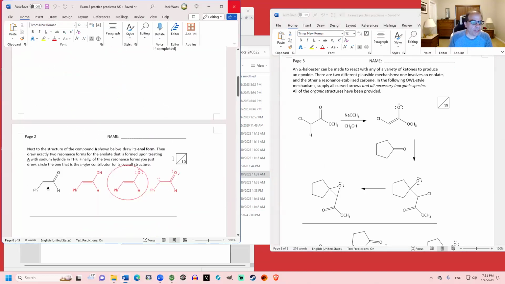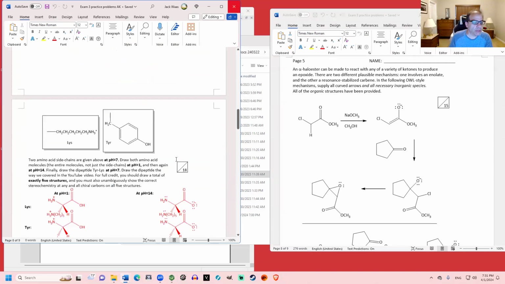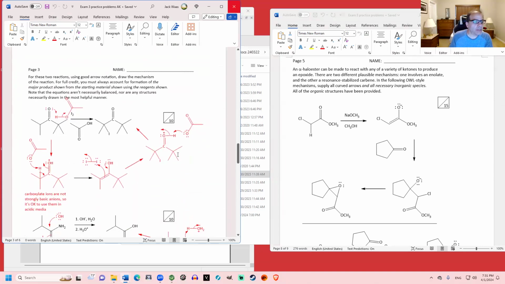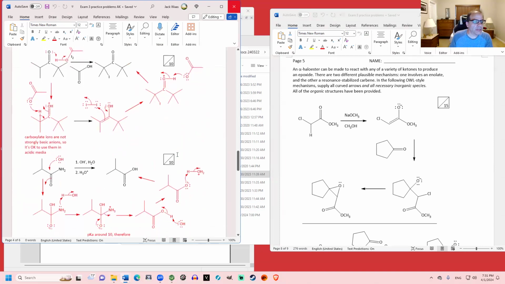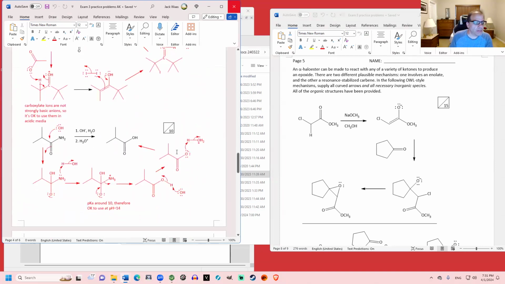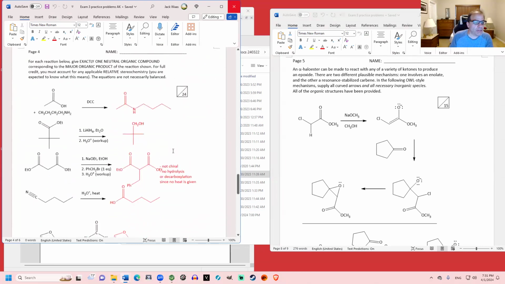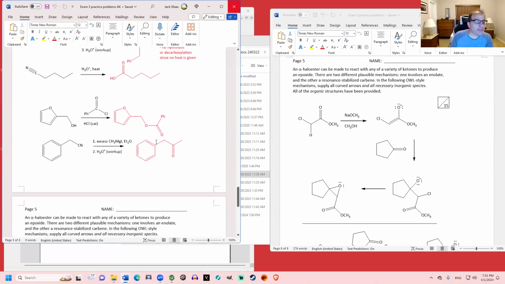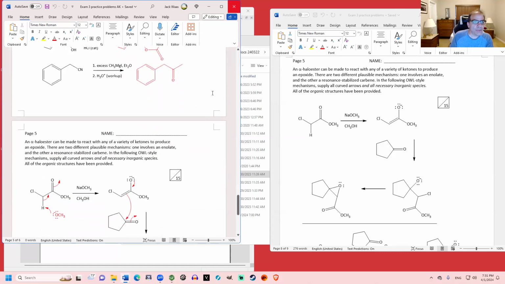I just am not trusting this answer key anymore. We fixed that. That one's right. Yes, yes, yes, that one's right. You get the amide, you get the primary alcohol, you get the diester, carboxylic acid, benzoate ester, and methyl ketone. Good.